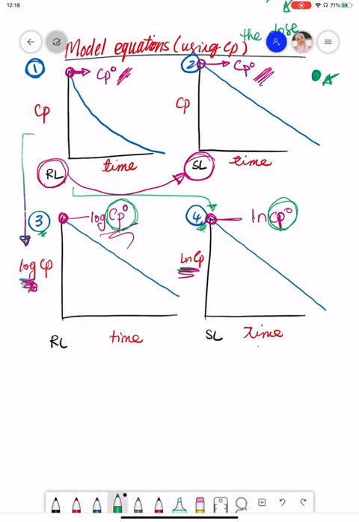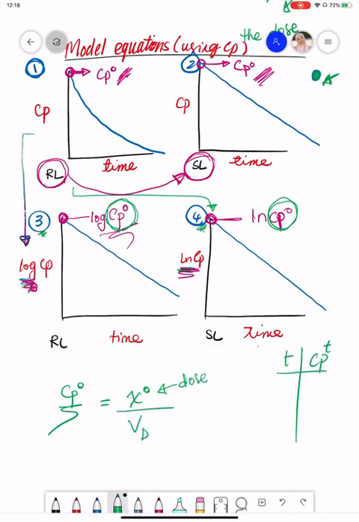So from the model and from the data that I have, as a concentration measured at certain time points, whatever the way we present our data and whatever the profile we use, we can determine CB naught, the initial concentration. And we know our initial dose that we are giving, so we can determine the apparent volume of distribution of the drug. As I mentioned, it's an apparent volume of distribution, not a real physiological volume.